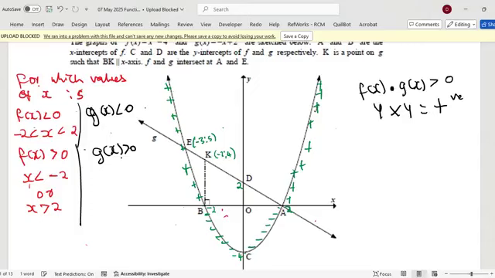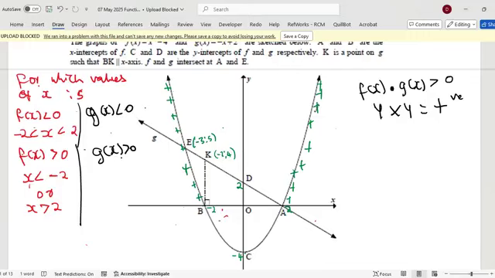Guys, I feel like my explanation will be messed up. Can I change the color here so that you can understand? Are we still there, by the way? Yes, sir. Okay, thank you.